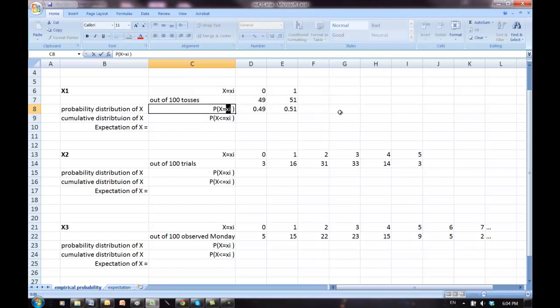And the reason we use i is to indicate the ith possible value for the variable. In this case, there are only 2 possible values, so i could only be 1 or 2.